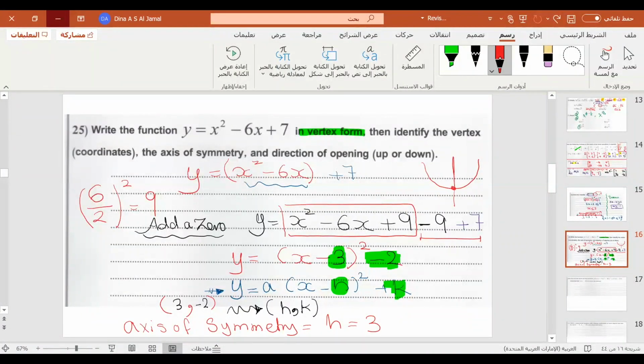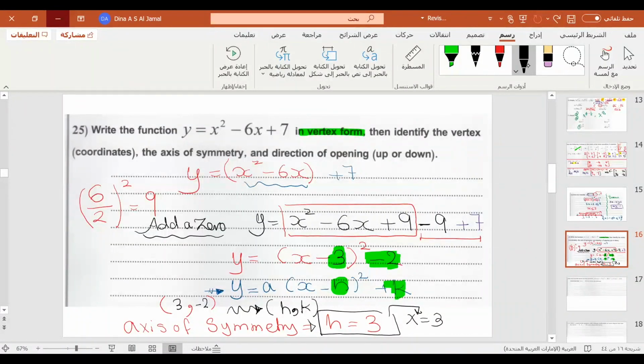It will be intersecting with the x value itself of the vertex, which is the h. Okay? So here, I will be having axis of symmetry of 3. So x is equal to 3.